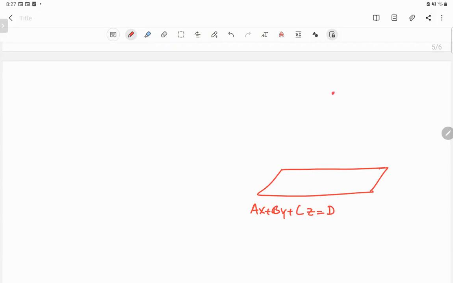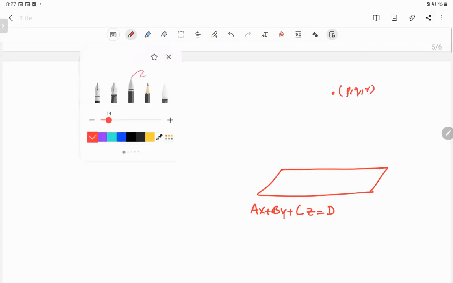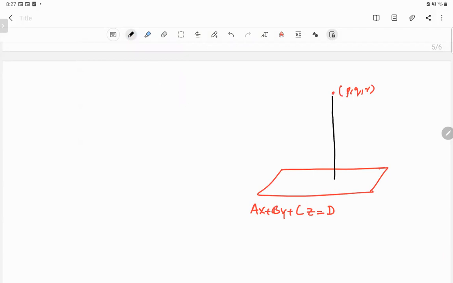And this point PQR is the point whose distance from the plane we want to calculate. It is this distance that we are interested in calculating. Let us call this point capital P and call this point Q.